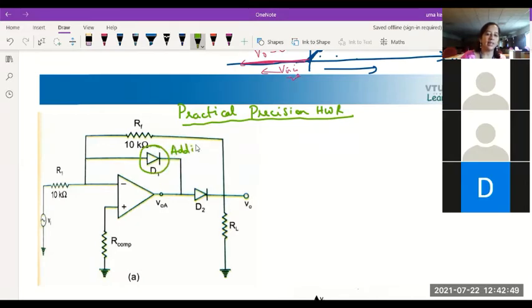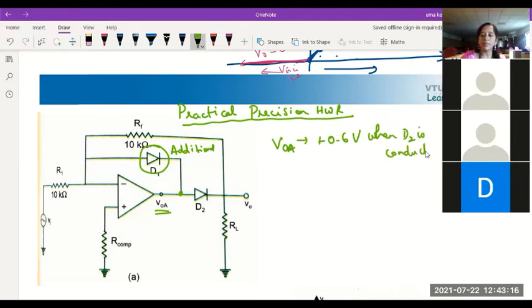This is the additional diode which is connected in the feedback loop. So what is the purpose of this diode? What is the use of this diode? The output of the op-amp, which I called VOA, will be at plus 0.6 volts when D2 is conducting.